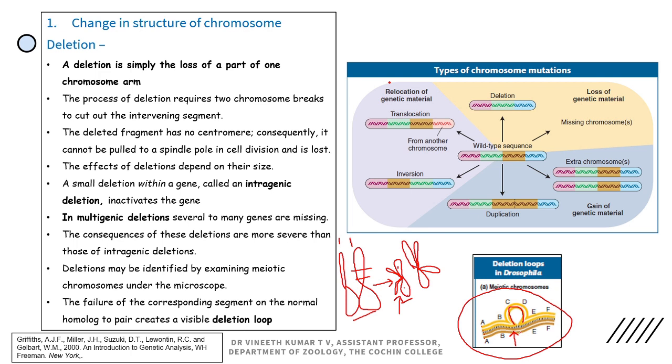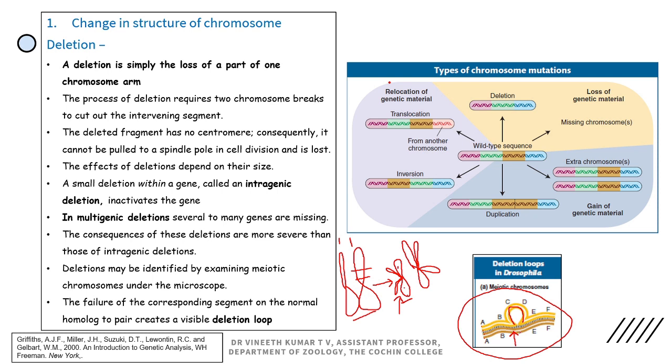in the deleted portion. And if you see such loops, you can say that this can be a deletion loop, and the presence of this deletion loop will be an indication that there is some problem with the chromosome. So looping will not always indicate a deletion, because looping can also be seen in duplication.